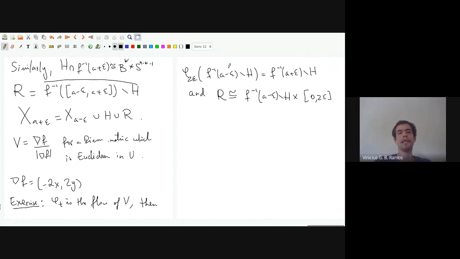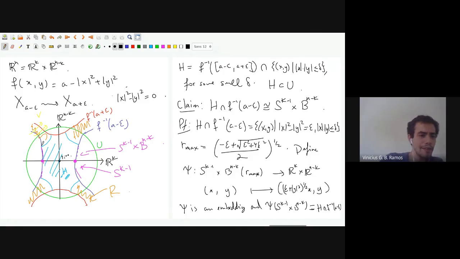Okay, now I have to go back and forth between the picture. I wish I could keep the picture somewhere, but I can't quite do that. So what I'm saying is, if you remove this part of A, the intersection of the levels, the level curve or this level hypersurface, A minus epsilon, if you remove the intersection with H, then you can apply the flow of V, and you're going to get exactly what you get at the level curve of A minus epsilon, removing the intersection of H. Okay, and moreover, this flow is actually tangent here.